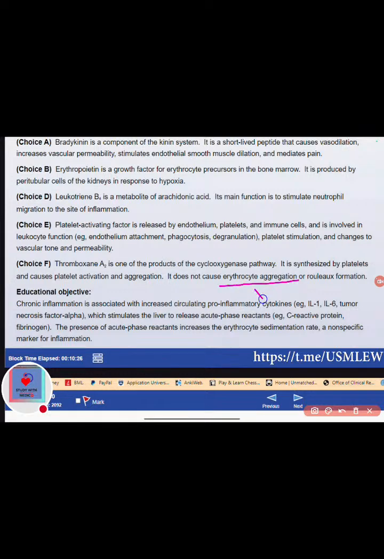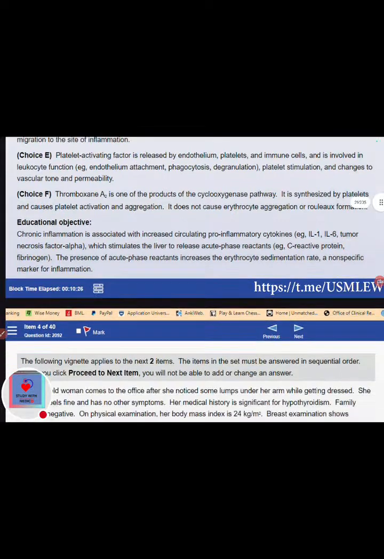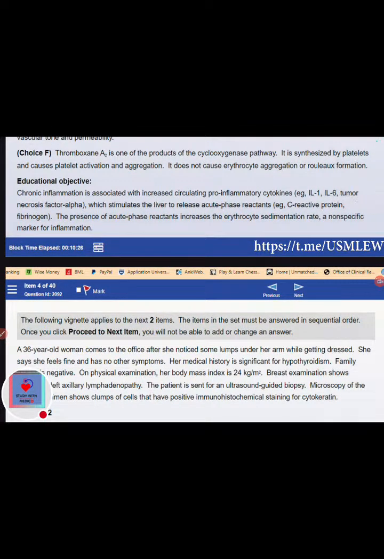Erythrocyte aggregation is not there, or rouleaux formation is not there, because of thromboxane A2. It is the product of the cyclooxygenase pathway, synthesized by platelets, and causes platelet activation and aggregation. If you learn the chapter on platelets, you will get to know this.